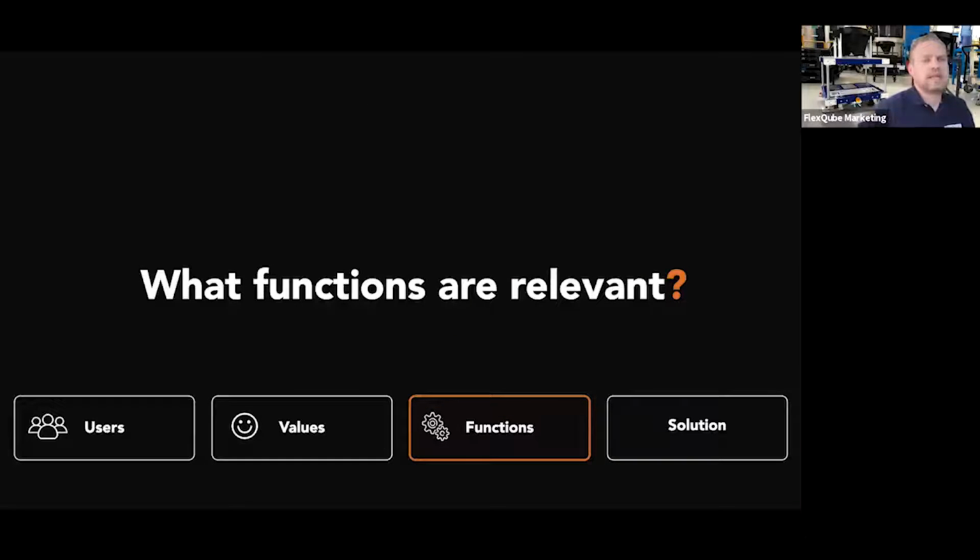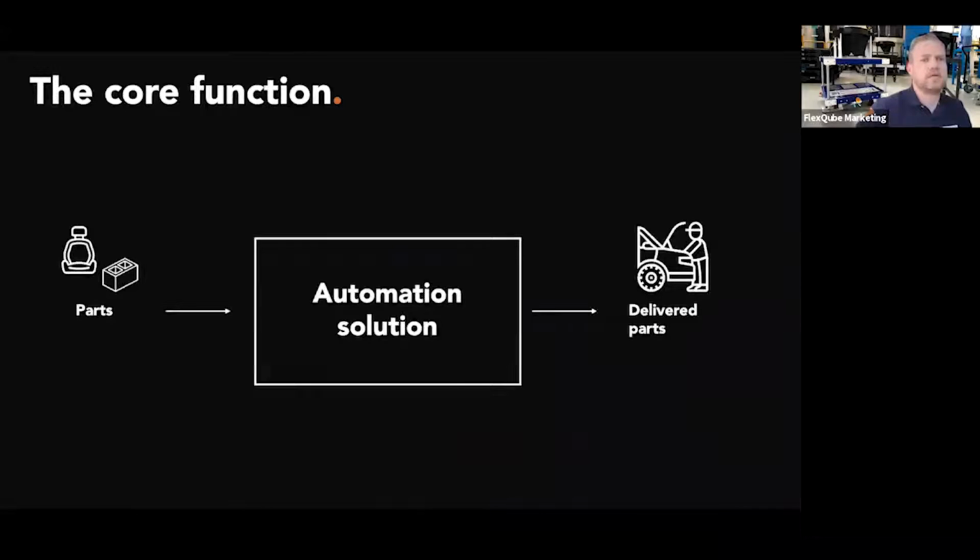So the next step is the functions, and the purpose of the functions is to fulfill the values. So we implement different functions in order to achieve the values. And from a principal perspective, this is a simple sketch, and this is the core function of automation: you put parts in at one end, and at the other end you have the delivered parts.